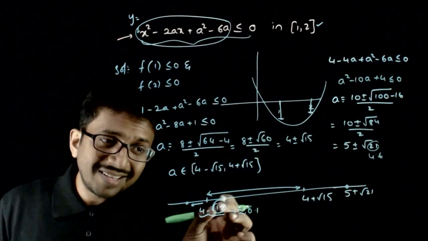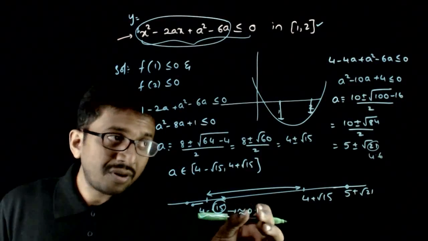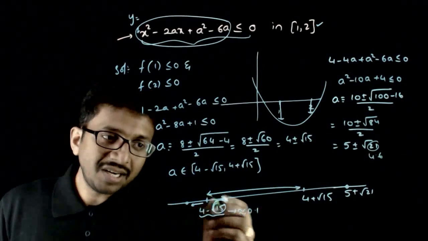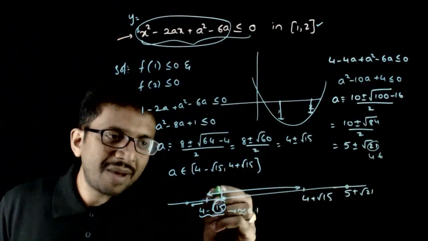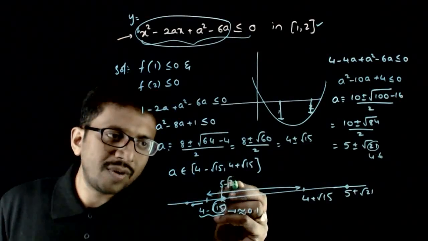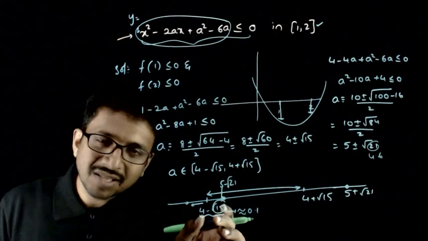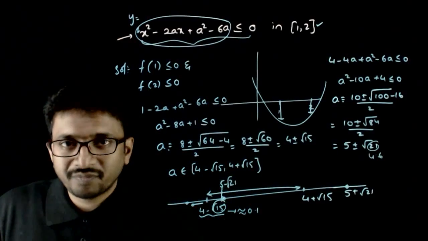So does 0.1 lie before or does 0.4 lie before? Obviously 0.1 lies to the left side. So my 5 minus root 21 lies on the right side of 4 minus root 15. This value is around 0.1, this value is around 0.4.